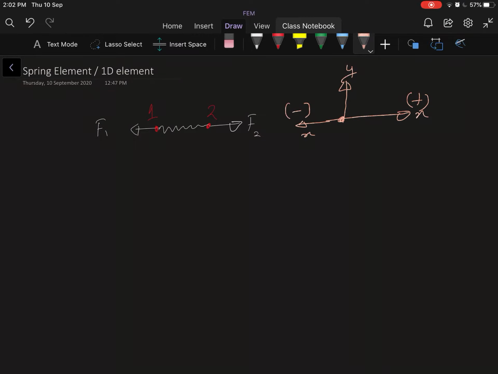This is the coordinate system that we will be adopting for this particular problem.